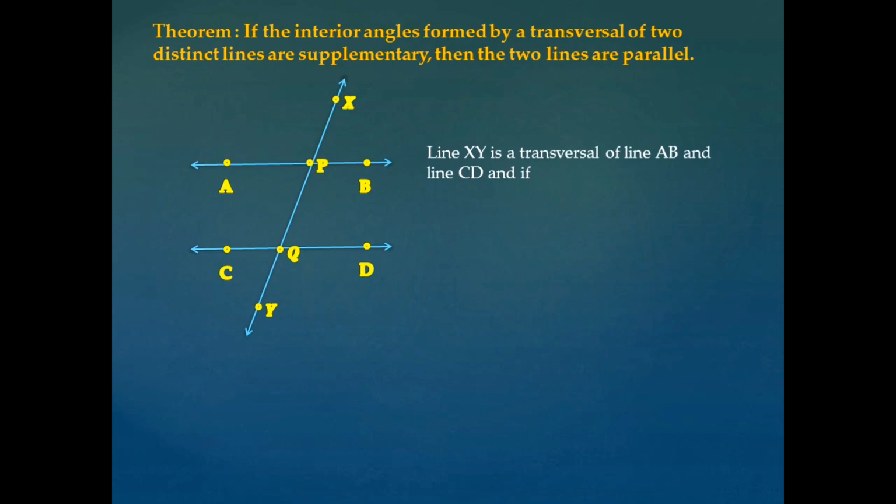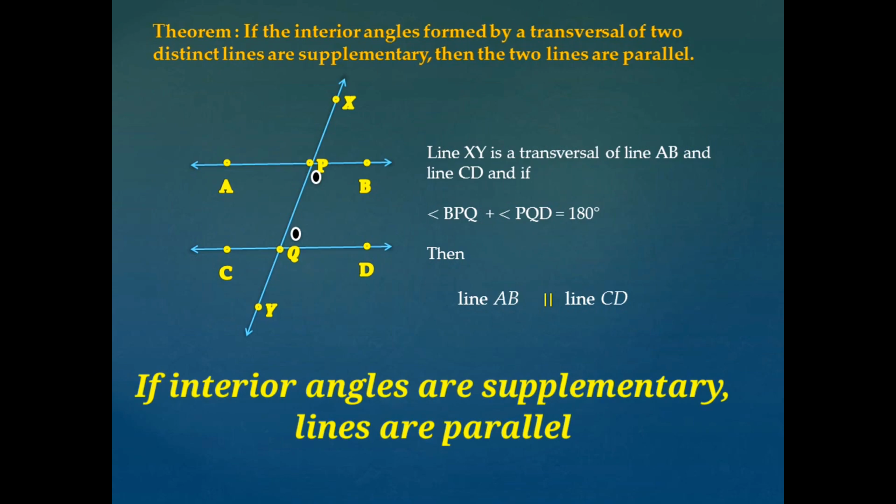So line XY is the transversal of line AB and line CD, and if the measure of angle BPQ plus measure of angle PQD is equal to 180 degrees, that is, if these two angles are supplementary, then from this we can conclude that the given two lines, line AB and line CD, are parallel. So this is interior angles test by which we can decide whether the two given lines are parallel or not. In short, if interior angles are supplementary, then the two lines are parallel.